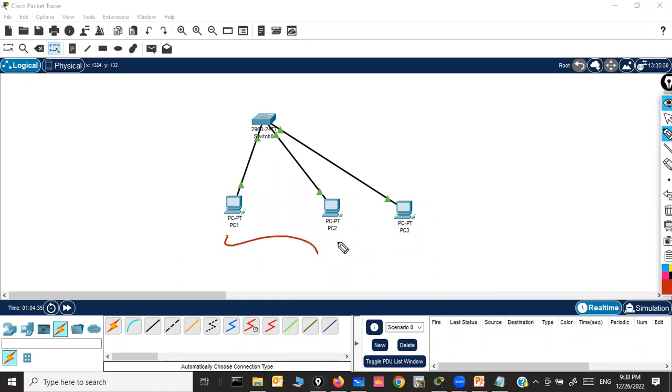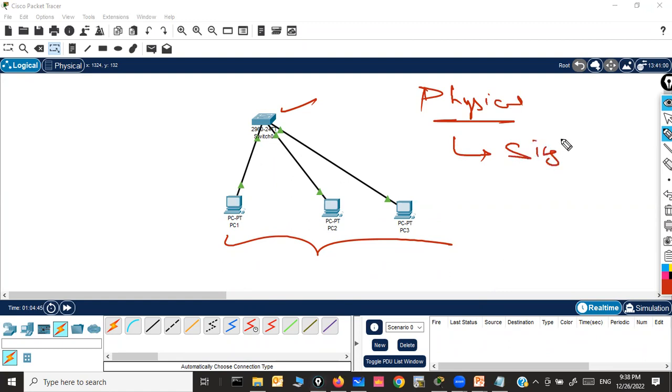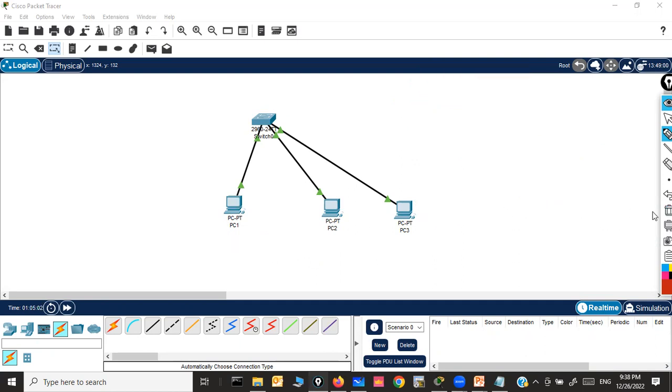All 3 computers are connected to this switch, so from physical connectivity it looks like there is a single network, but it might not be a single network, or maybe it is. So we don't always look at the physical topology. What we care about is the IP address.